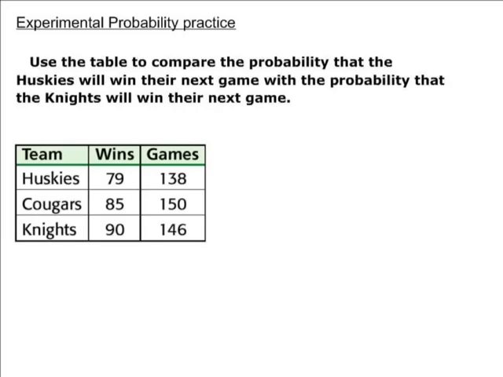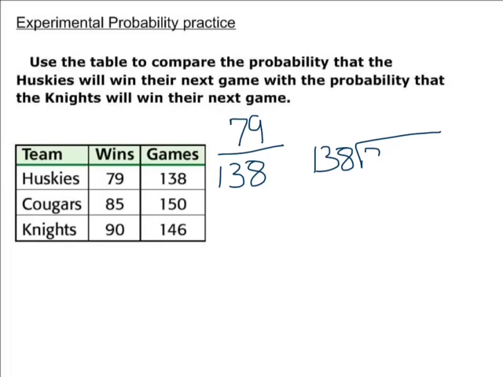So we're going to start with how many games they won, and it looks like the Huskies won 79 games out of 138. So that is currently the probability of winning the next game. We need to go ahead and divide to turn this into a percentage. 138 divided into 79. I know this is some of the math that gives us a little bit of trouble. We wish we had a calculator, but we don't need a calculator. We can handle this.